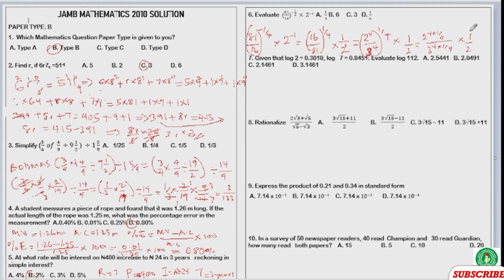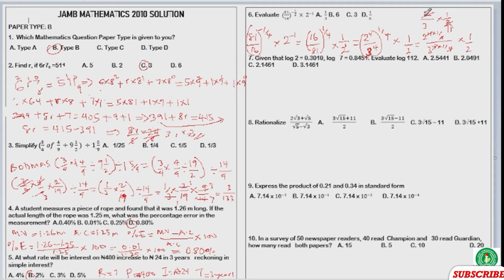So what do we have? The 4s cancel out, so this one has 2 left and this one has 3 left. So 2 over 3 multiplied by 1 over 2.